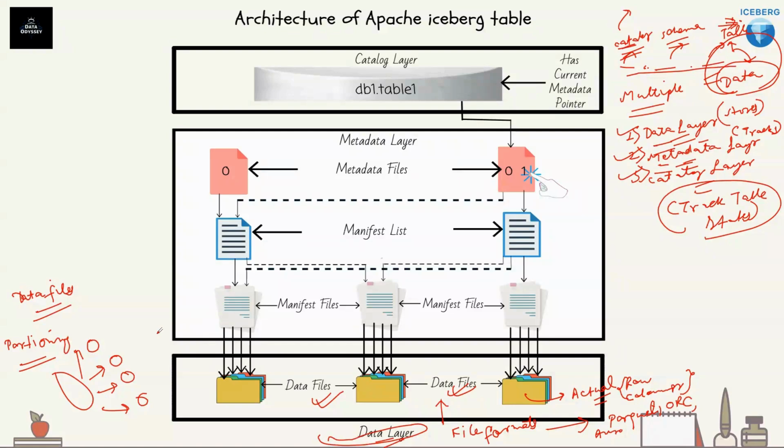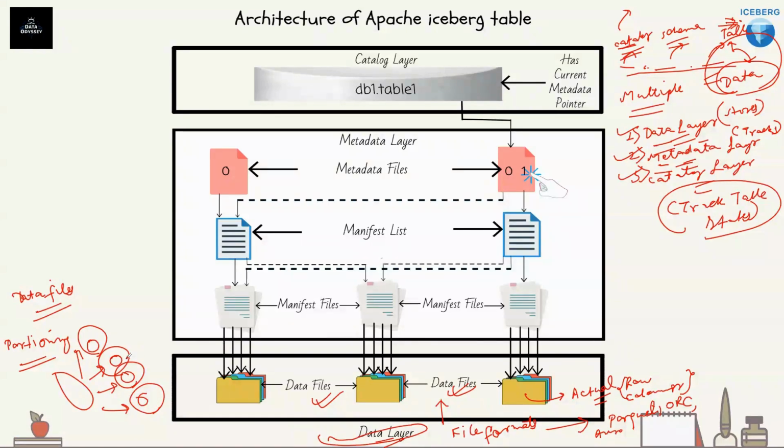But I also mentioned that Hive follows a directory based architecture. And upon the basis of the columns that you partition, it partitions the data into multiple chunks on the basis of the unique or distinct values within that partitioning column, right?